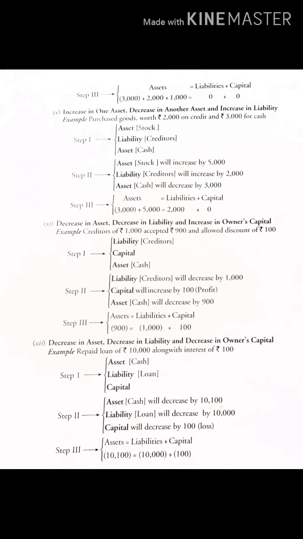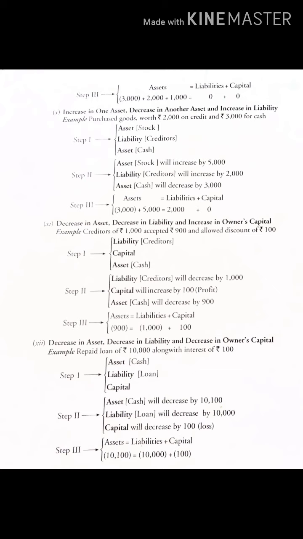Okay, now check out what will be the effect. So liability, creditors, what will happen? As we are paying the creditors, they will decrease by 1,000. Now cash will be decreased by 900. Why? Because we have made a payment of 900 rupees. Okay, now what will happen to the capital? Capital will increase by 100 rupees. Why? Because we are receiving a concession.